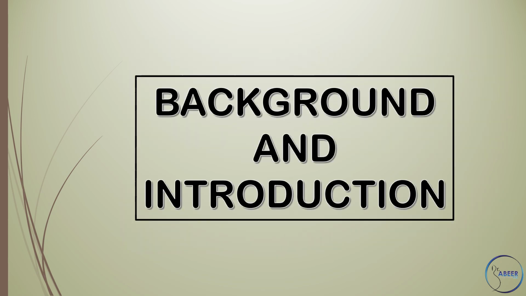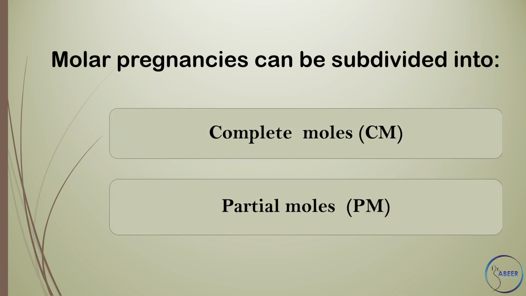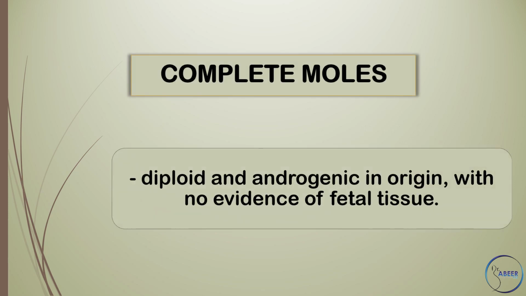Background and introduction. Molar pregnancies can be subdivided into complete and partial moles based on genetic and histopathological features. Complete moles are diploid and androgenic in origin, with no evidence of fetal tissue.